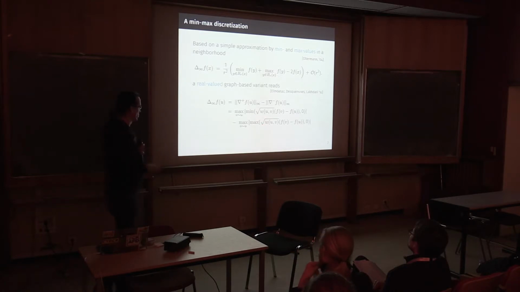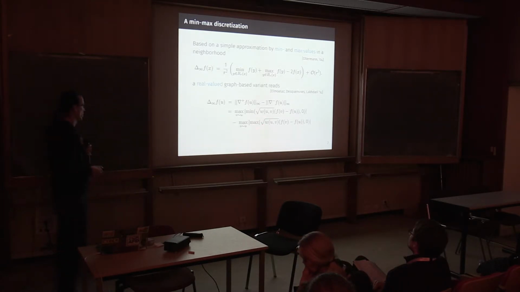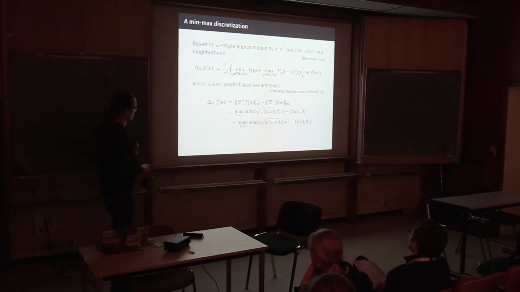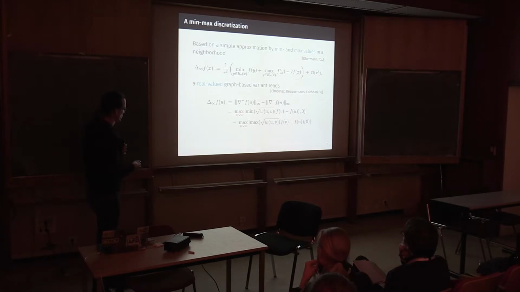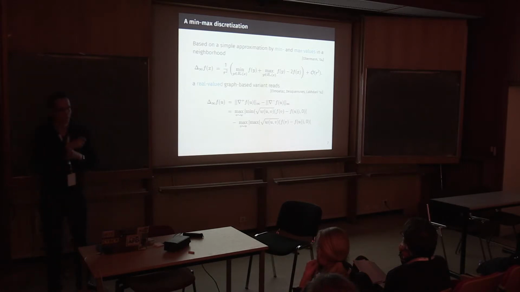And the square root of those is just so that the calculations are nice. You could also omit the square root depending on the definition of your weight. But we have the minimum of these with 0, and then the maximum over all neighbors v of u, minus the maximum of all these with 0. And that's what they use for inpainting on graphs.